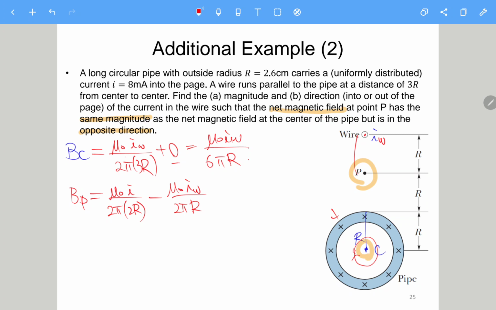If we calculate a negative result, then it is into the page.